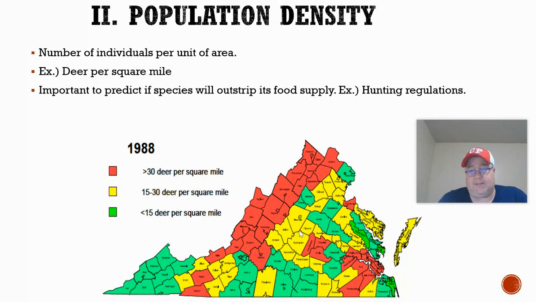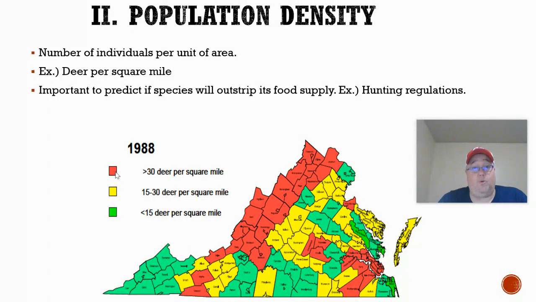But each of these areas here is a county in Virginia, and the different colors represent how many deer there are per square mile. So, for example, the areas in green, all these counties down here, have less than 15 deer per square mile.